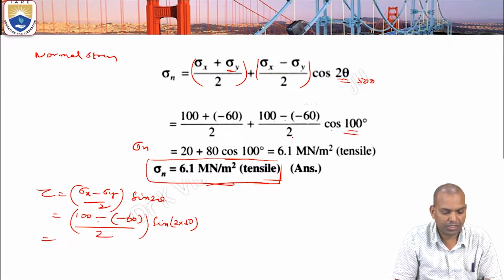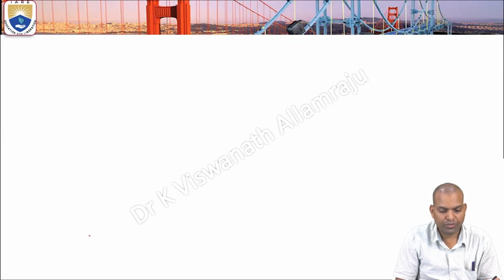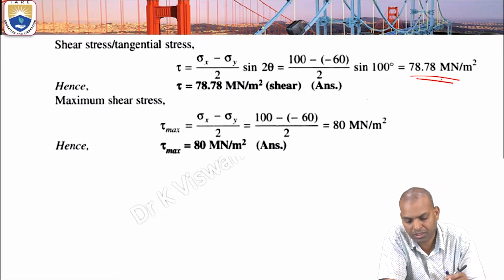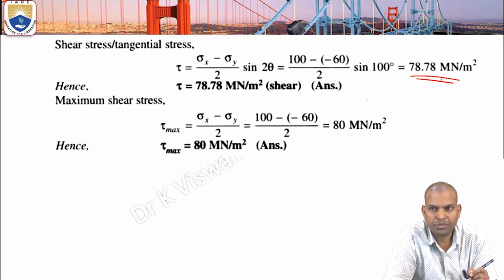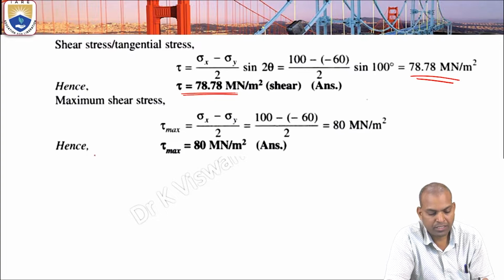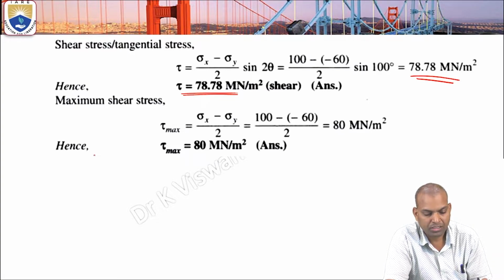So 100 plus 60 by 2, that is 80, sin 100. If you substitute those values, it comes out as 78.78 meganewton per square meter. The shear stress is 78.78 megapascals, a positive shear stress, in the clockwise direction.